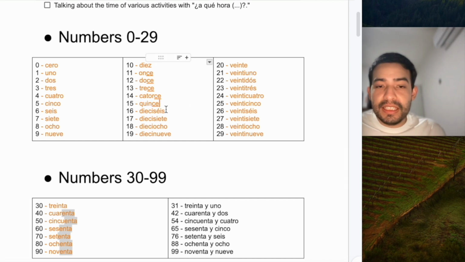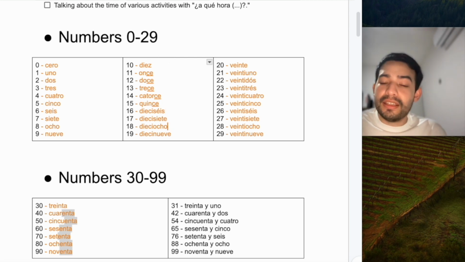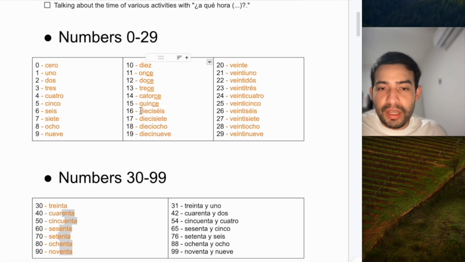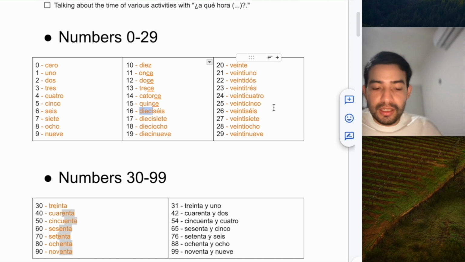And then from 16 to 19, it's 16, 17, 18, 19. If you look at numbers from 16 to 19, you might have noticed that it sounds as if we're saying 10 and 6, 10 and 7, 10 and 8, 10 and 9. So they all start with 10.